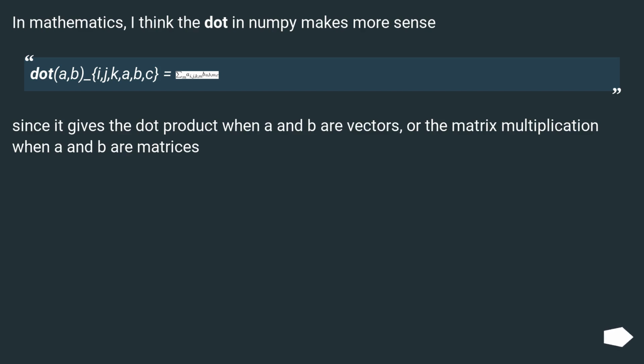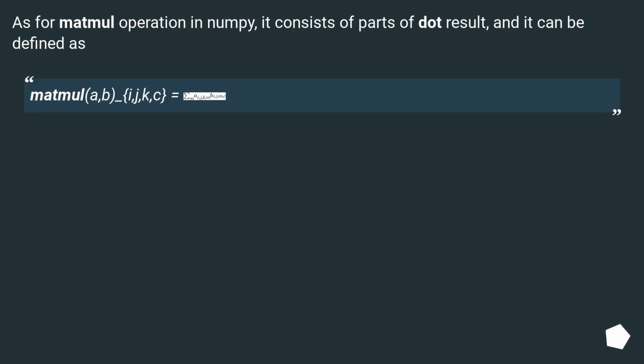In mathematics, I think the dot in numpy makes more sense, since it gives the dot product when A and B are vectors, or the matrix multiplication when A and B are matrices. As for the matmul operation in numpy, it consists of parts of the dot result, and it can be defined as follows.